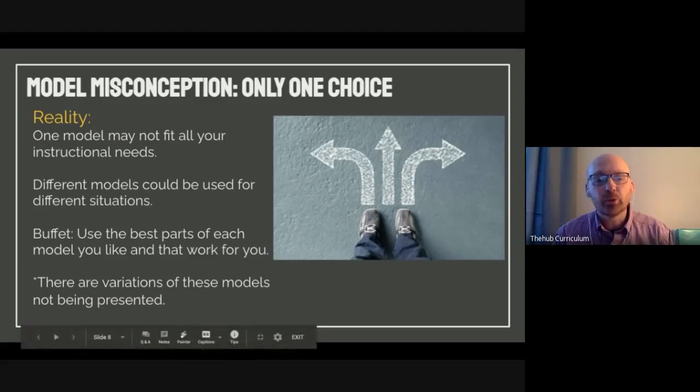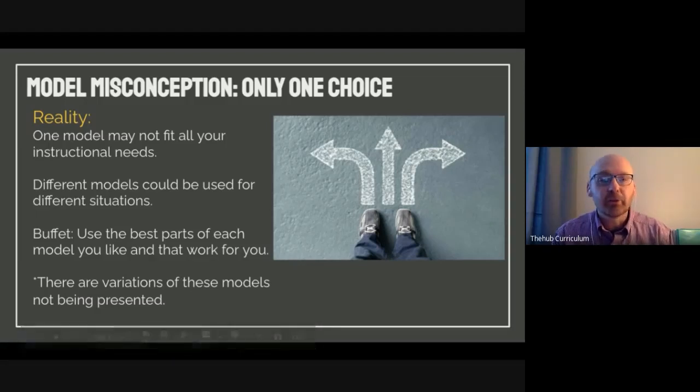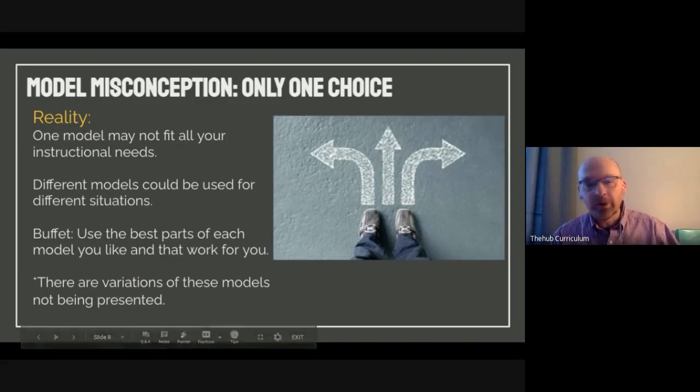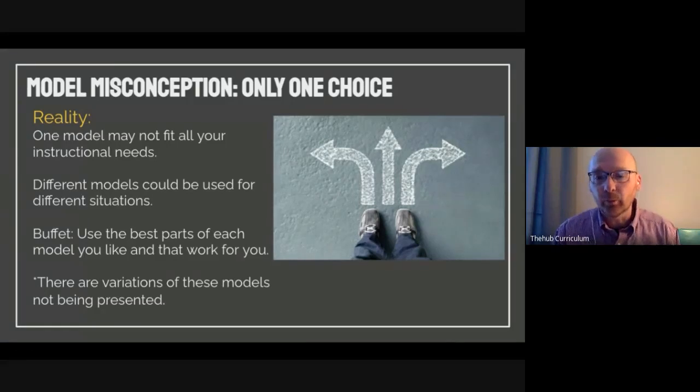So for example, for the rotation models we're going to discuss, there's station rotation, there's lab rotation. So we're going to present them in their most basic forms. But we also are going to provide resources where if you want to do that deeper dive, you can see if there's a variation that works better for you.